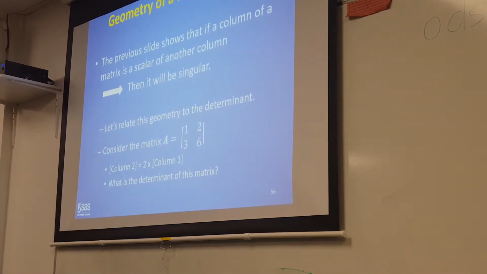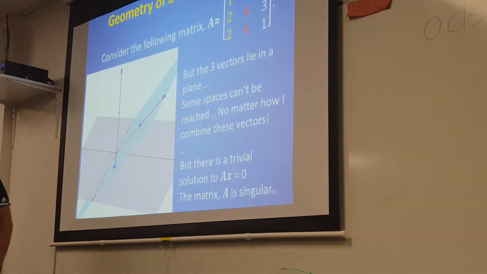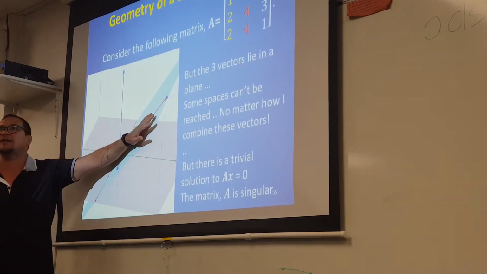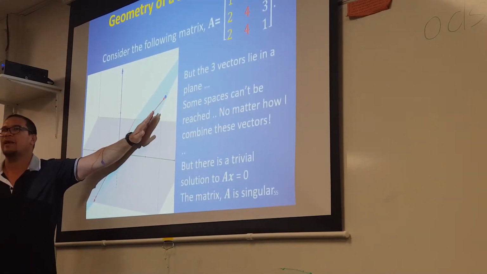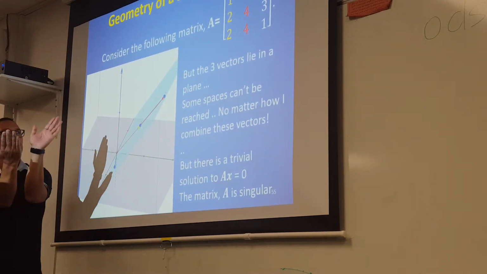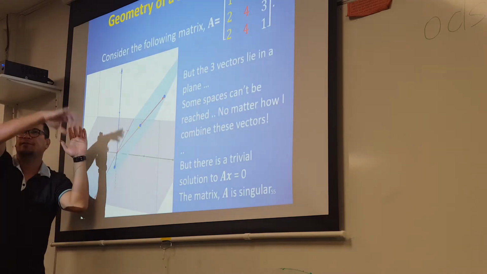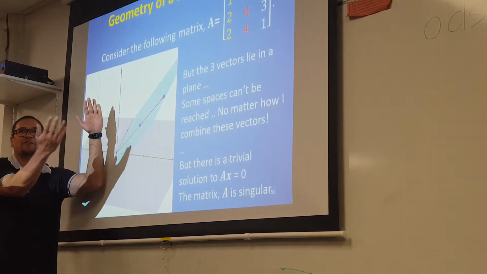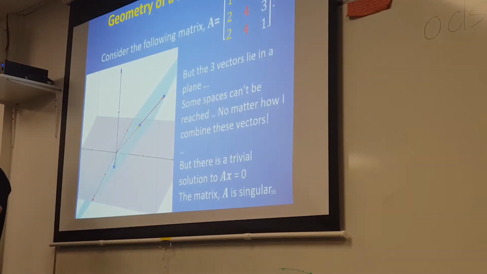So if we have data that lie on this plane, the volume of that plane is 0 because it's lying on a flat plane. If the volume described by the data points is spanning the three-dimensional space, then the determinant is not going to be 0.